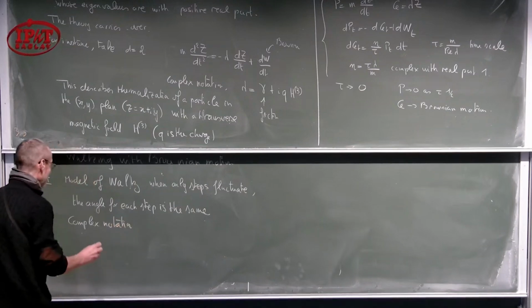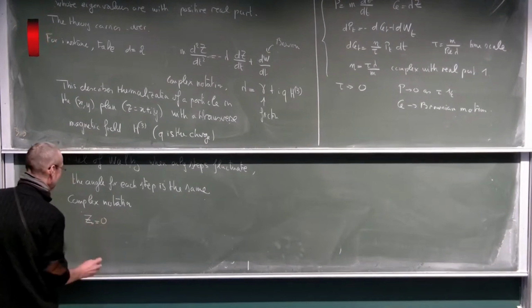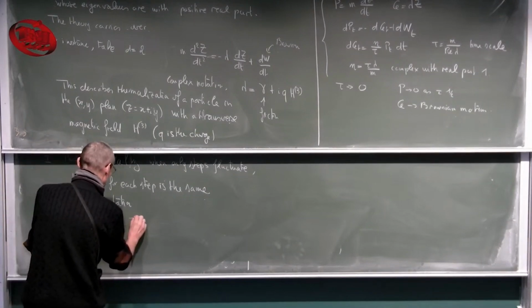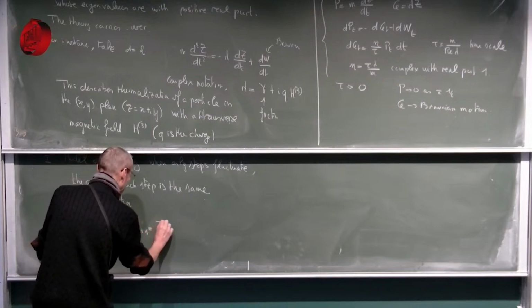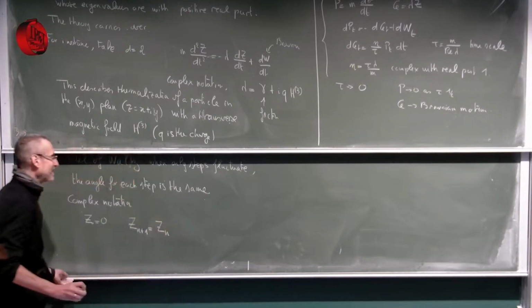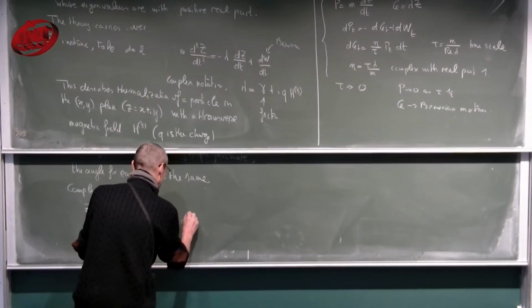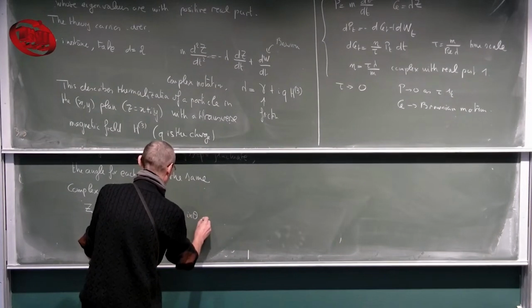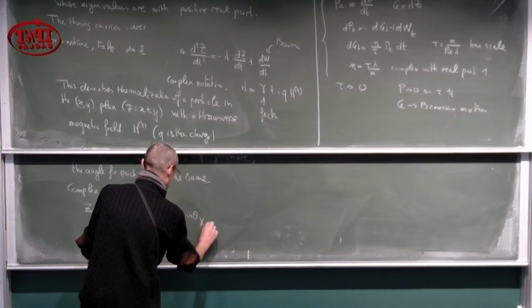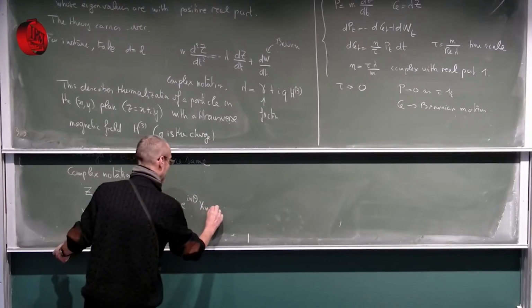So imagine that you start at the origin, so Z0 is equal to 0, and after n plus 1 steps, you are where you were after n steps, plus e to the i theta X_{n+1}, I'm sorry.